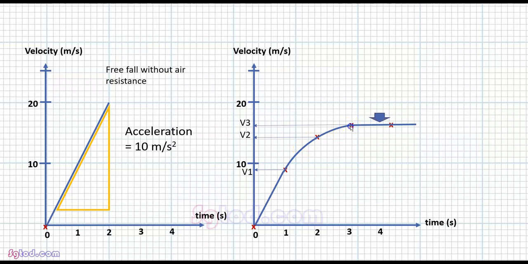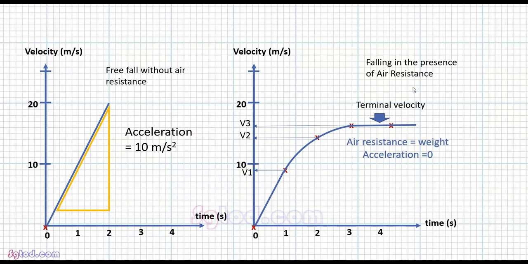In fact, the acceleration will continue to decrease till it reaches zero, and that is the time when the air resistance becomes equal to the downward weight of the object. Hence, objects falling in the presence of air resistance will experience a stage where they reach their terminal velocity. That is, when they continue to fall at constant velocity.